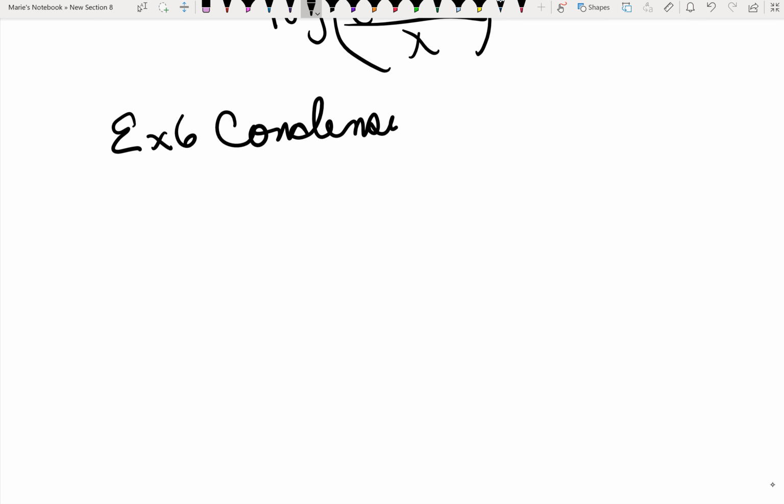This is a negative, so it's a quotient. So this is natural log of parentheses x plus 7, to the 3rd over x. And that is your final answer. That's not terrible at all, I hope.